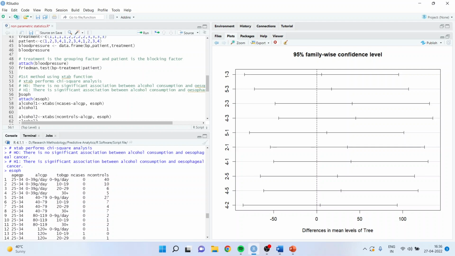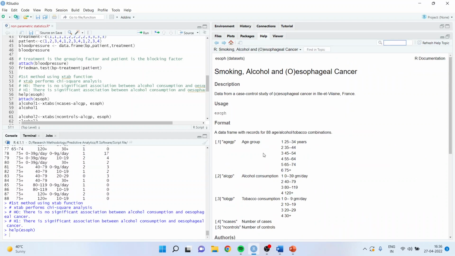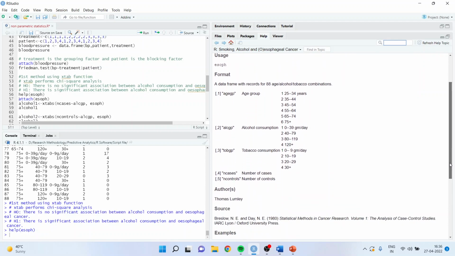So when I write down the esoph, I will be able to get the details of the entire data frame. So the age group is there, the alcohol consumption is there, the tobacco consumption is there, and the number of cases and number of controls are there.